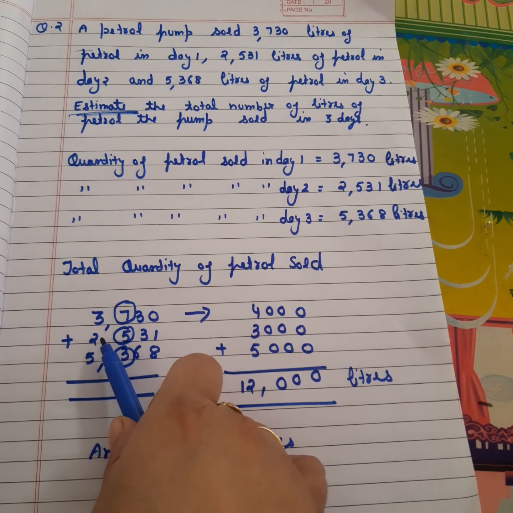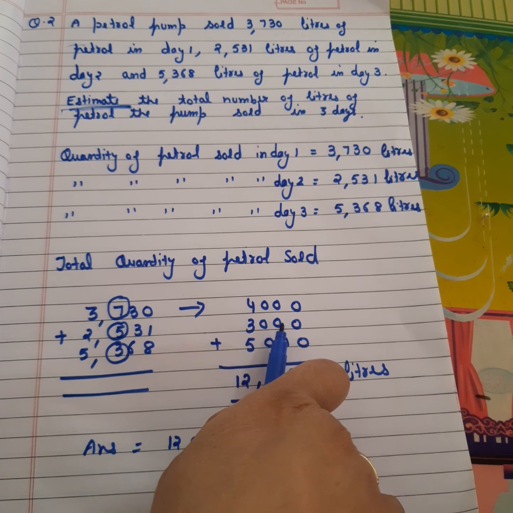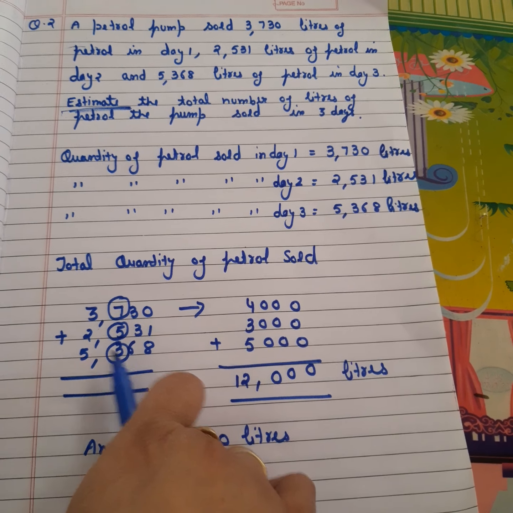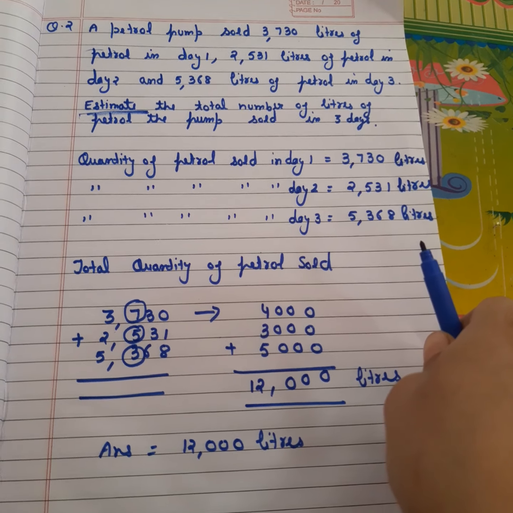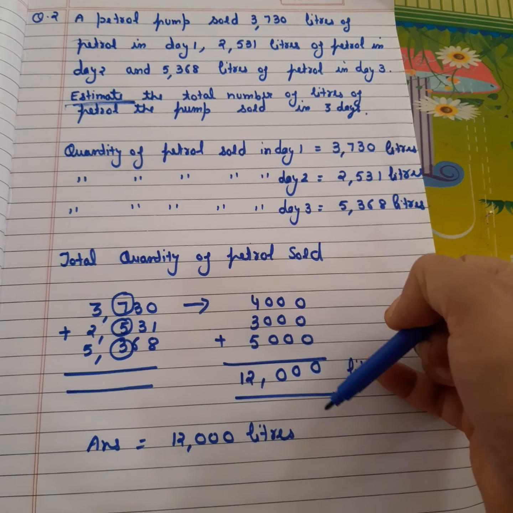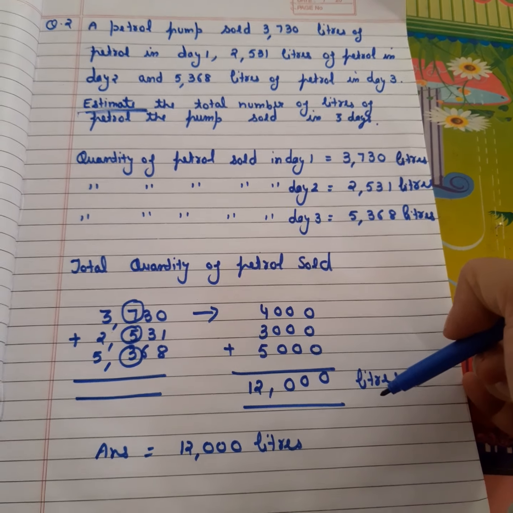So, thousands place will be incremented with 1. It becomes 3000. At the hundreds place, it is 3, which is less than 5. So, thousands place will be as it is. Clear? So, just add the quantity of the petrol sold in these 3 days. That is, if you add, that is 12,000 liters.